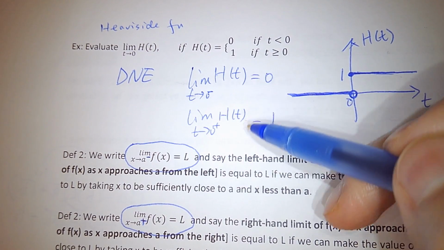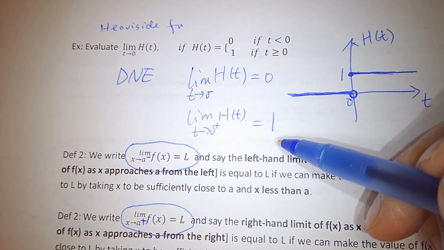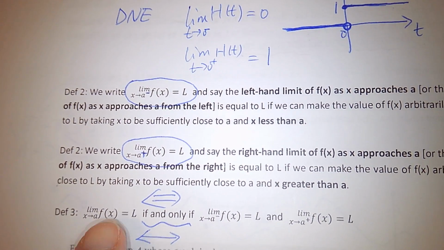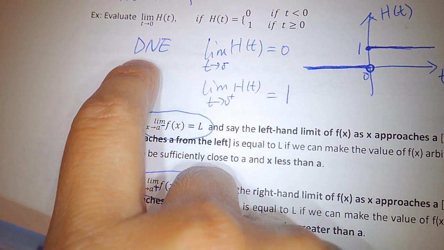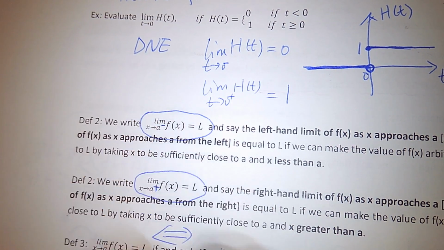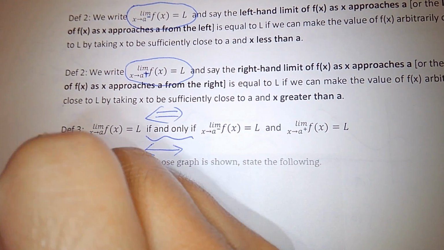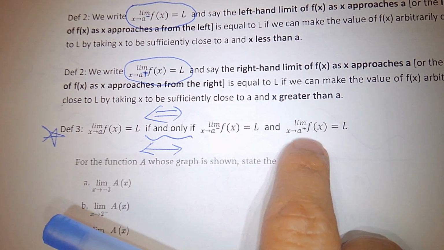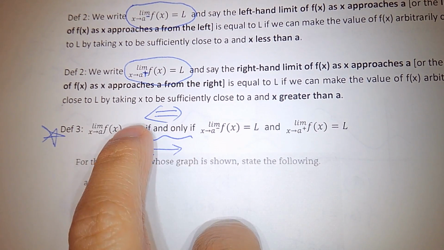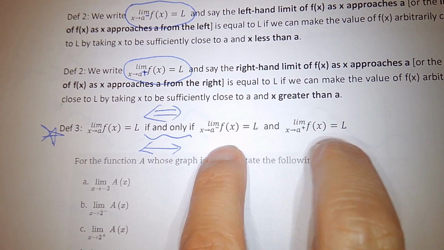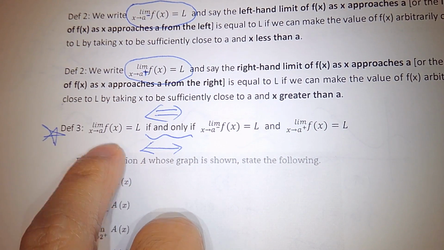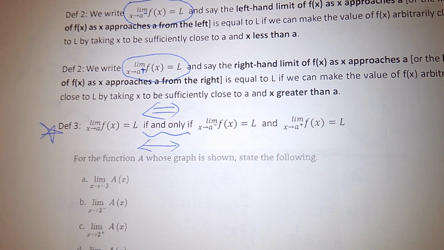Even if they both exist, they do not equal each other. They don't have the same value L, so we still say this entire limit does not exist. I want you to really understand it. It's not like, if one side equals this and the other equals that, the whole limit exists. No, they must both exist and equal the same value. Then the entire limit exists and equals that same value.